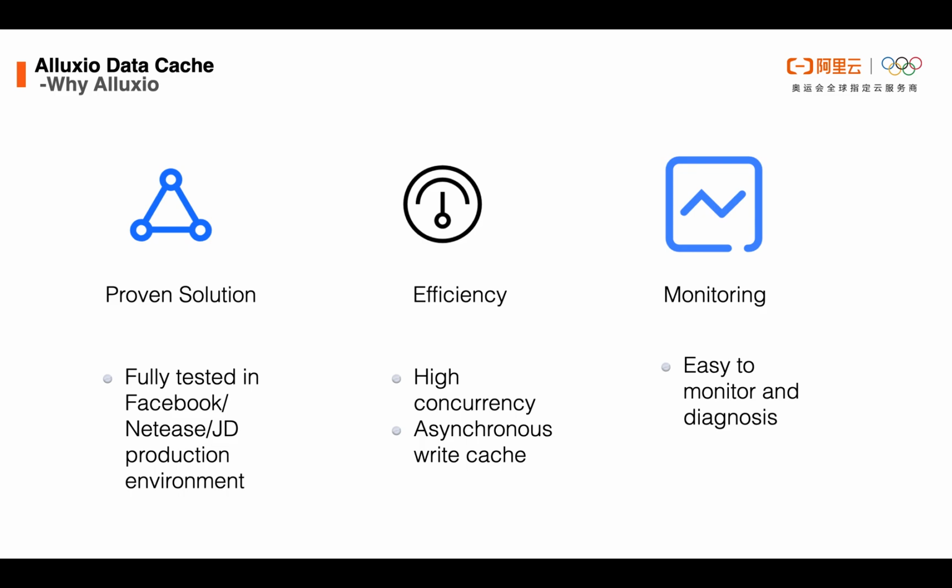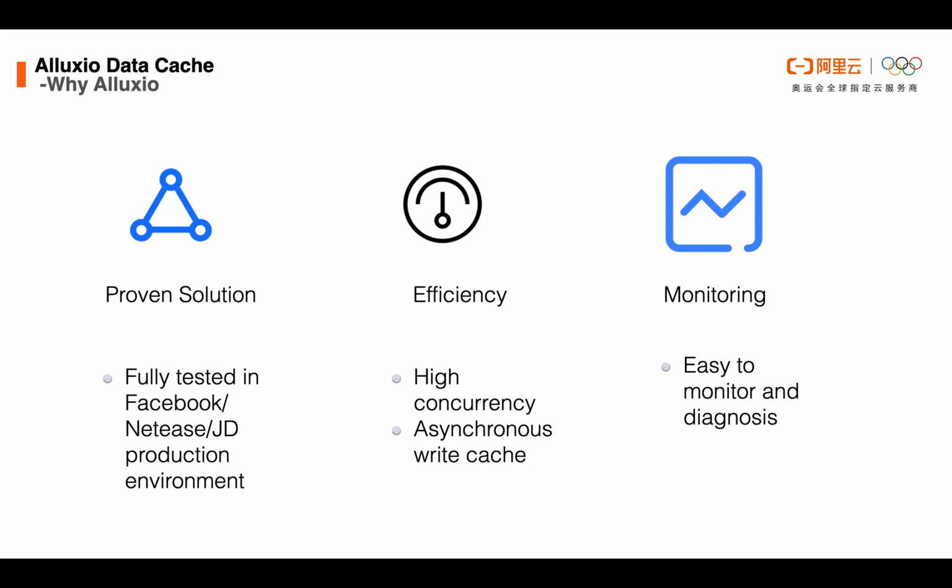Next, we will talk about the Alluxio data cache. When trying to use caching as an improvement, the first question is why use Alluxio data cache instead of building our own caching service? There are three reasons.